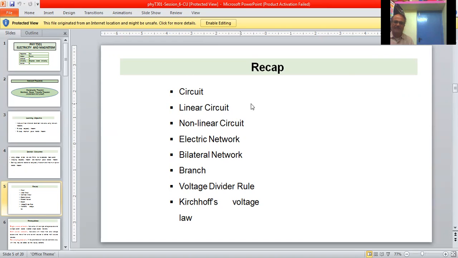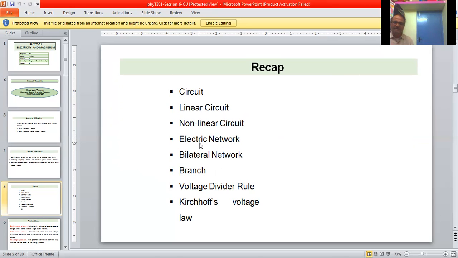Whether the current is flowing in the clockwise or the anti-clockwise direction, the values of these components should not change. That kind of circuit is called a linear circuit. A non-linear circuit means the values of some components will change if the direction of current is changed.